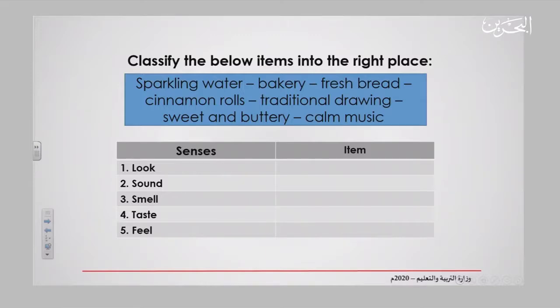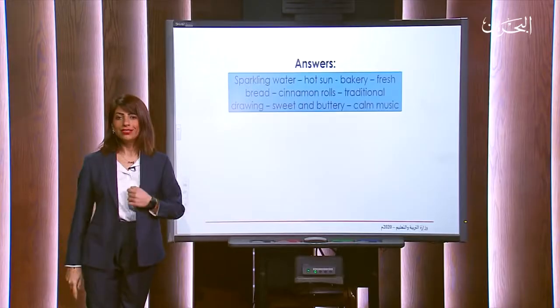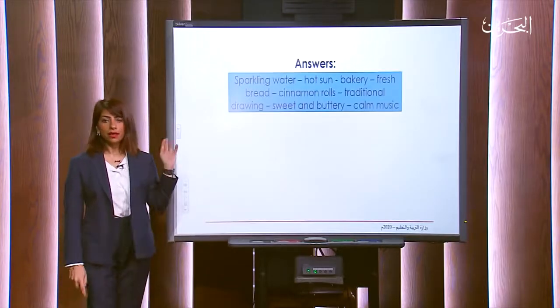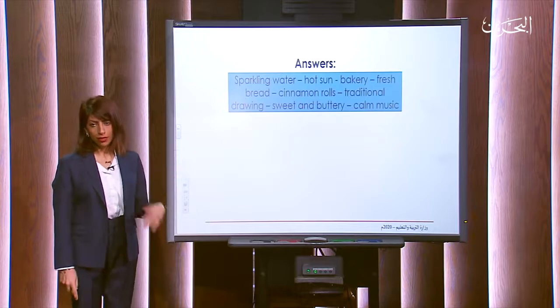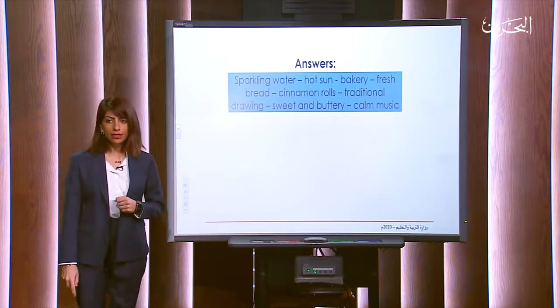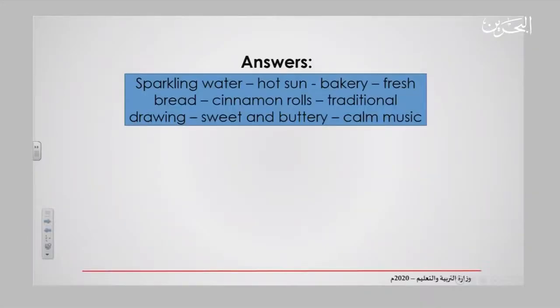I'll give you a minute, try to do it. So, let's check the answers together. Let me read before I give you the answers. Sparkling water, hot sun, bakery, fresh bread, cinnamon rolls, traditional drawing, sweet and buttery, calm music.